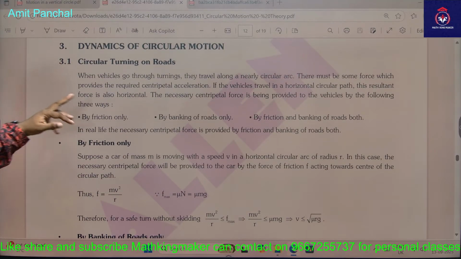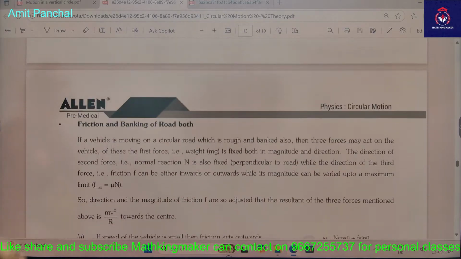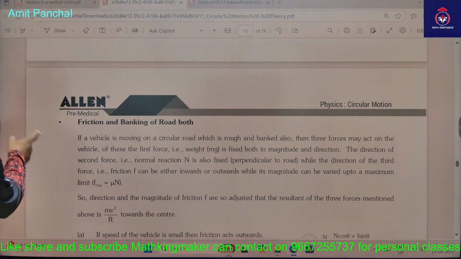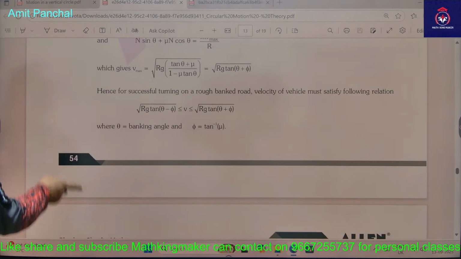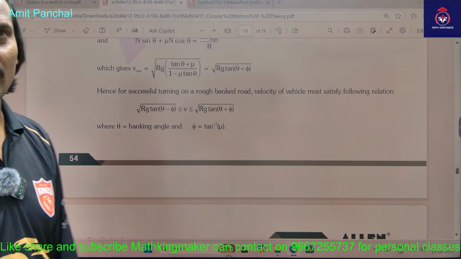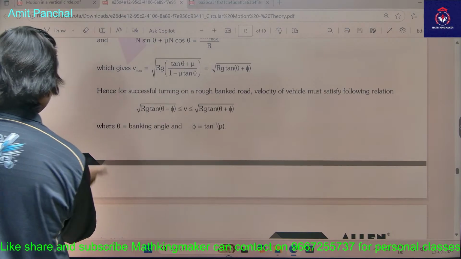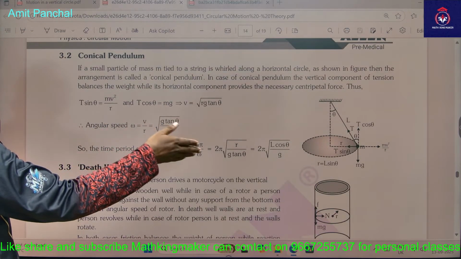Circular turning on road we covered. Banking also covered. Friction and banking both? We didn't do it with friction. If friction is there, then we'll consider it, subtract it, that is a simple thing. Conical pendulum, the same thing.